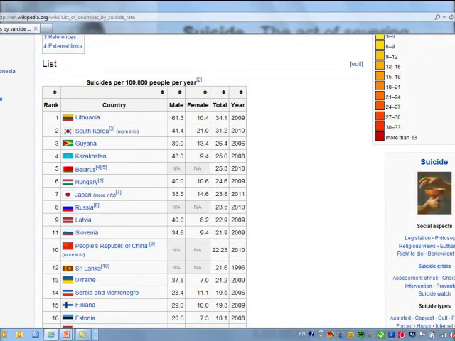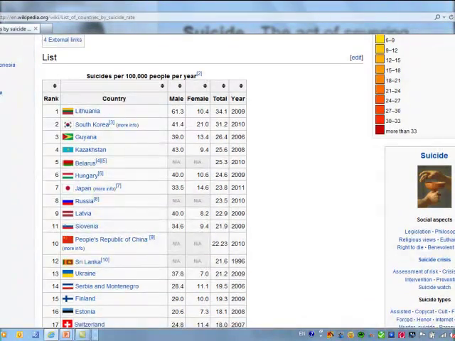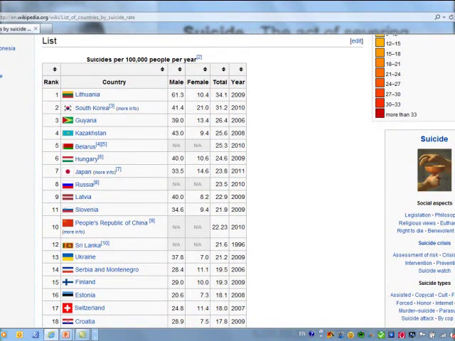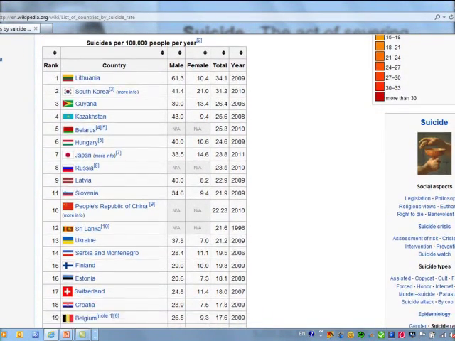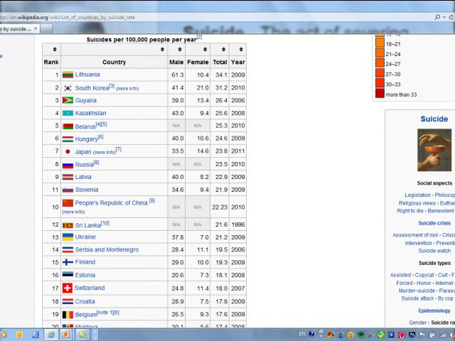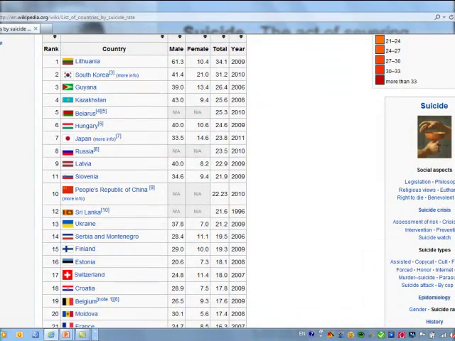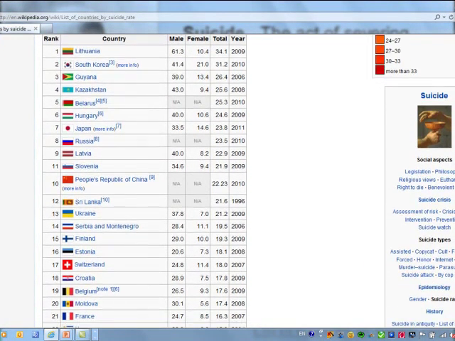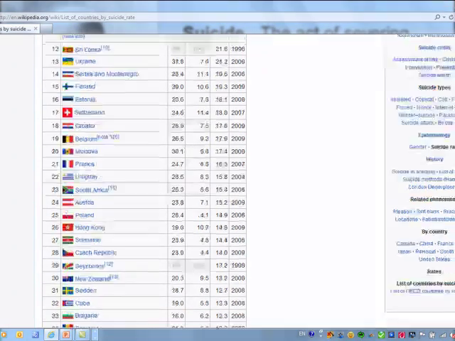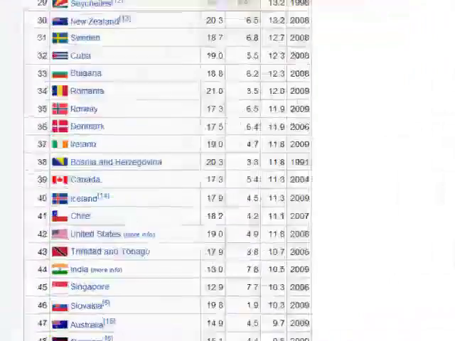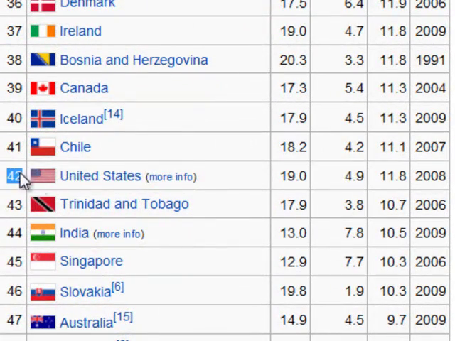Notice how those countries that have recently undergone major changes in their economic and political institutions seem to have the highest suicide rates. Post-Soviet republics and Asian countries that are now experiencing the same transition Western countries experienced in the 19th century are at the top of the list. The United States is somewhere in the middle, a little closer to the top.